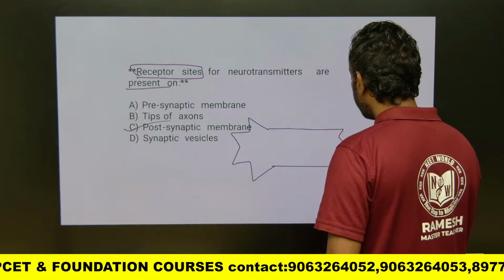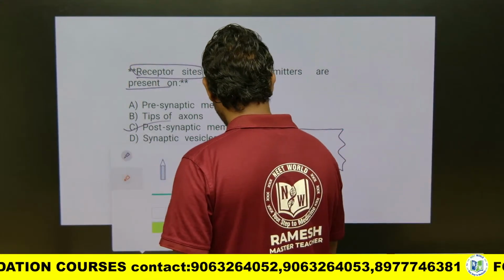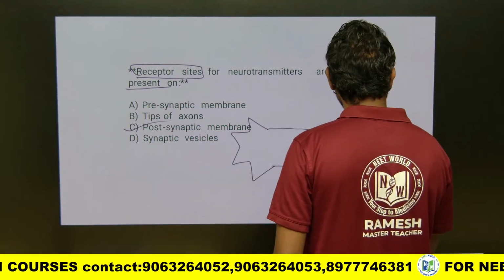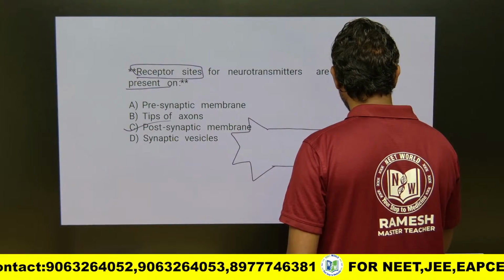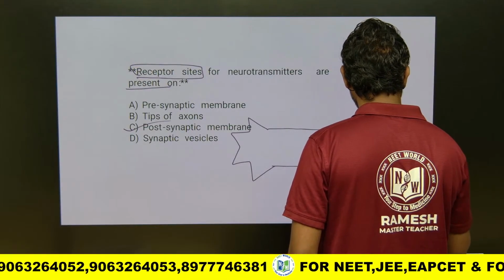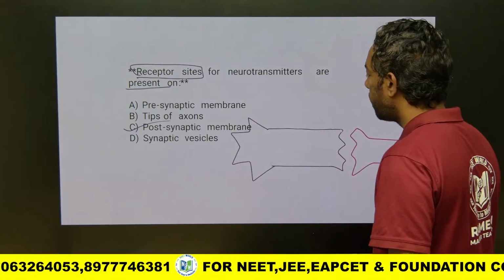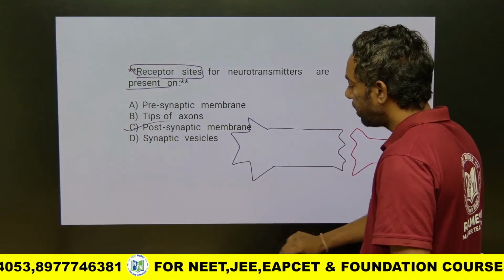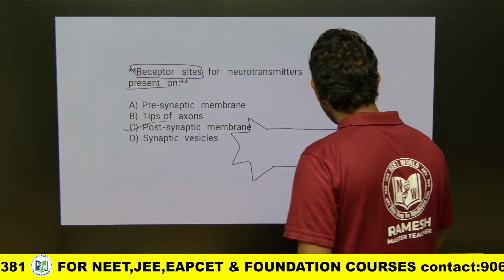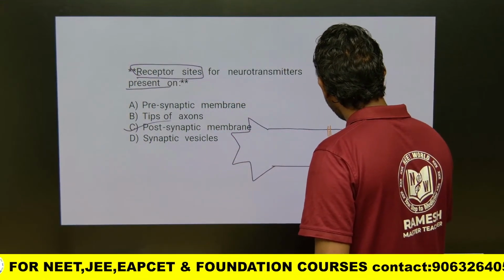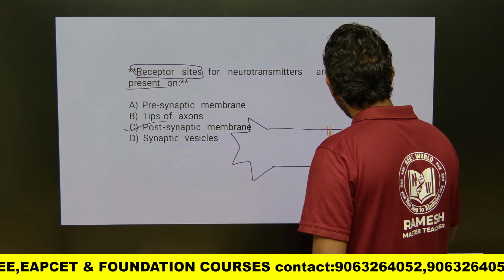This is the axon, this is the next axon, this is the membrane where the calcium channel opens, and a chemical is pushed outside.